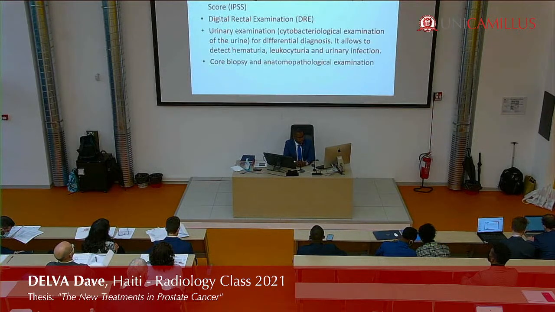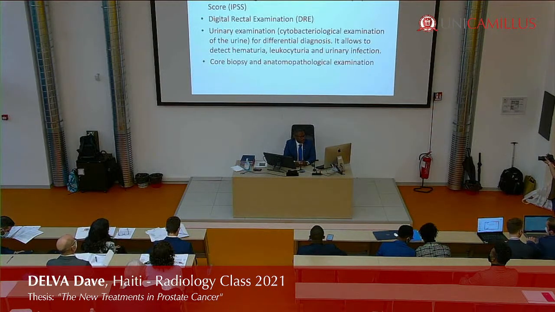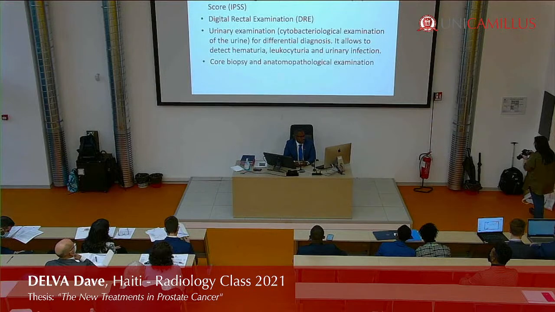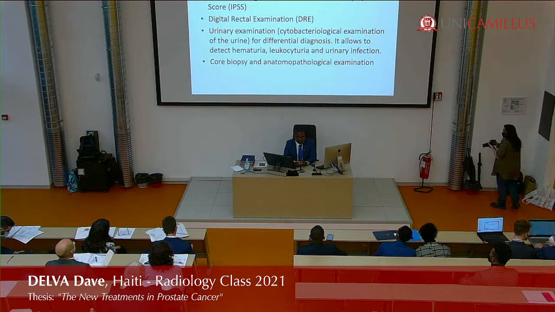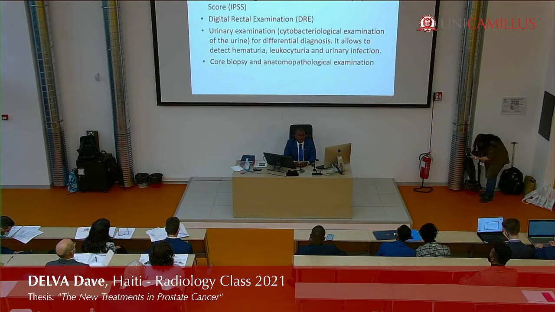For the diagnosis tools, the first is the PSA, the prostatic specific antigen, which is a laboratory test performed in blood. We also have to assess the urinary function, and the digital rectal examination is important because it allows to feel the prostate by hand, of course.